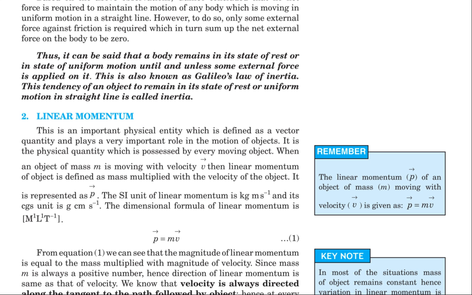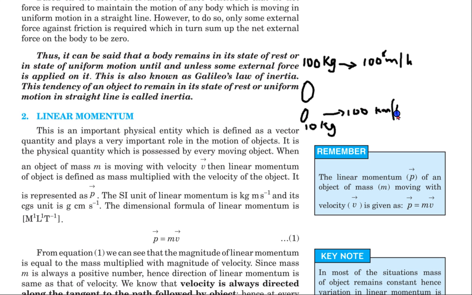Suppose this is a body of mass 100 kg which moves in this direction with velocity 100 kilometer per hour, and I have another body of smaller mass, 10 kg, which moves with the same speed, 100 kilometer per hour.